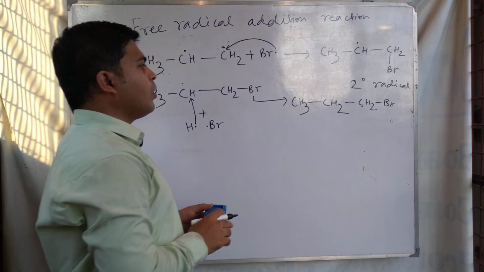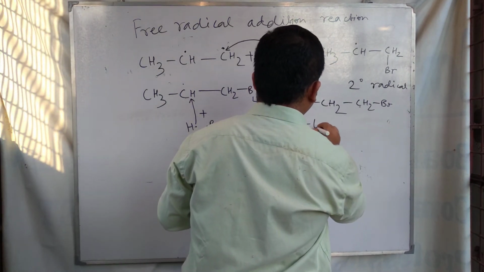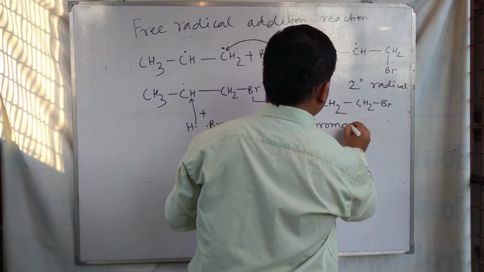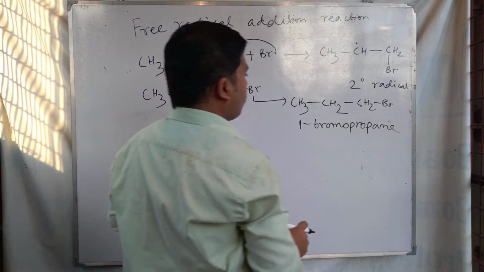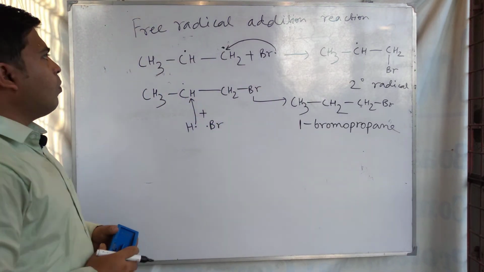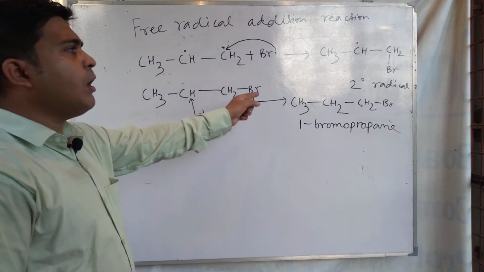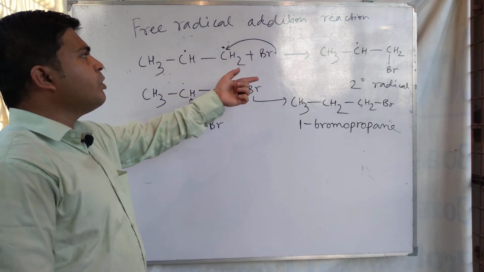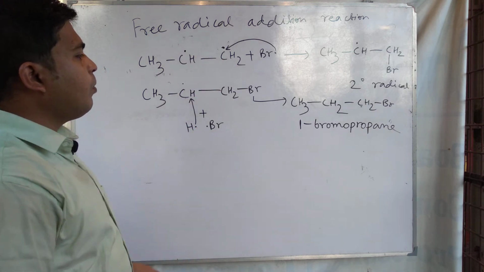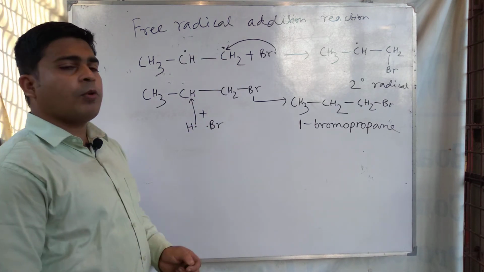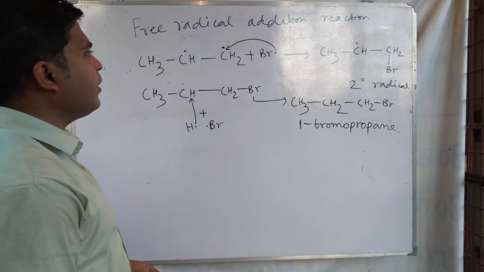This is called 1-bromopropane. 1-bromopropane is formed when in propene the HBr is added in presence of peroxide. So this one is an example of free radical addition reactions.